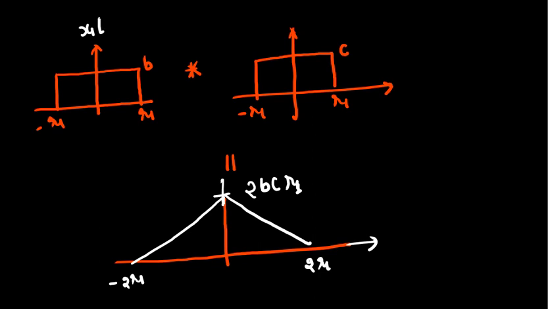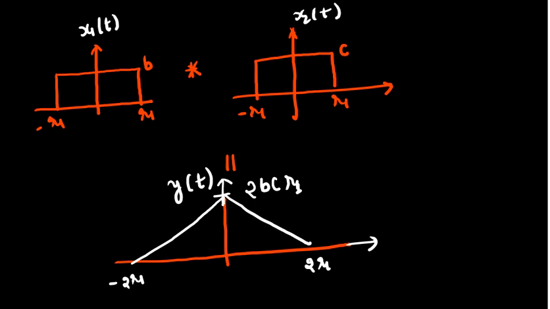If this is x1(t), this is x2(t), and this is your y(t), then from my previous lectures, and the link I will provide, you can find that the convolution of these two signals will be this.